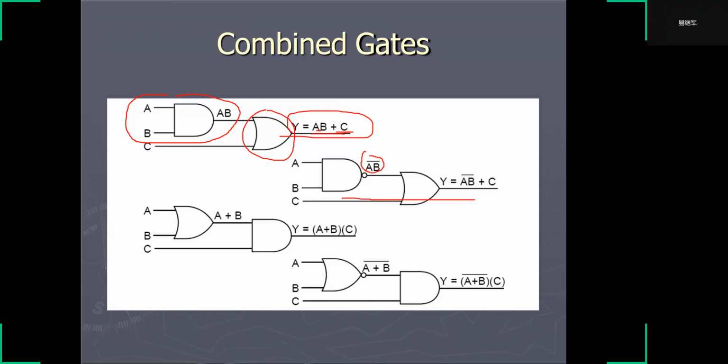This is OR-AND, NOR and NAND. These are combined gates.